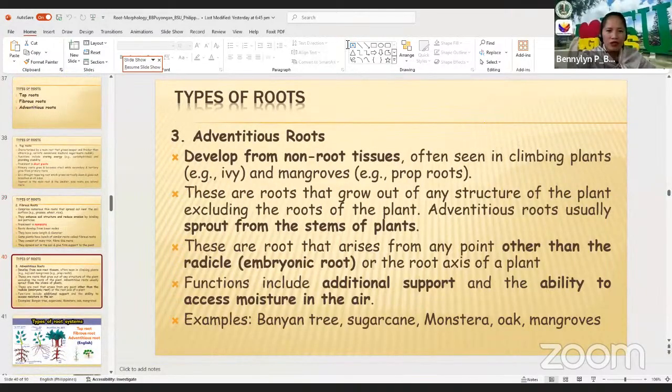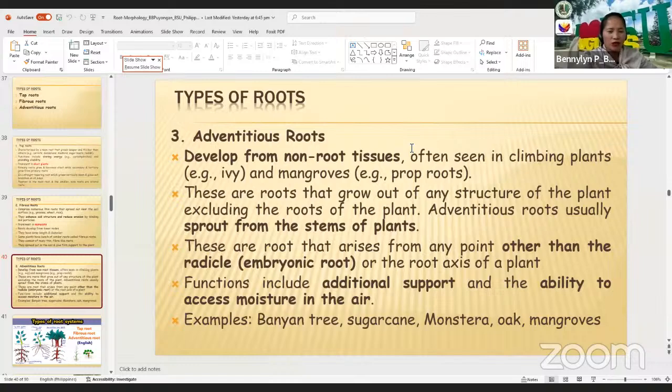For the adventitious roots, they develop from non-root tissues. Take note, this was mentioned a while ago, that there are roots that develop from non-root tissue, not from the radicle, but from branches, from stems, from leaves. These are often seen in climbing plants like the ivy and mangroves. These are roots that grow out of any structure of the plant, excluding the roots of the plant.